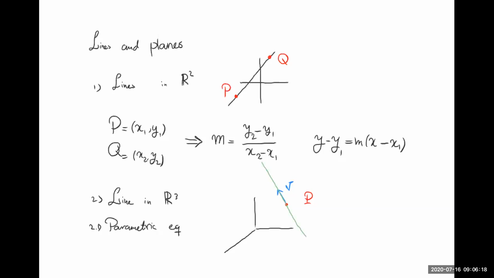And it's parameterized. That's the reason we call it the parametric equation, because it's parameterized by a variable which we showed by t. You can think about t as a time variable. At time t equals 0, you are at the point P. At time t equals 1, suppose you're a particle on this line, you have moved in direction of v for 1 second, and then you would be at this point P prime.